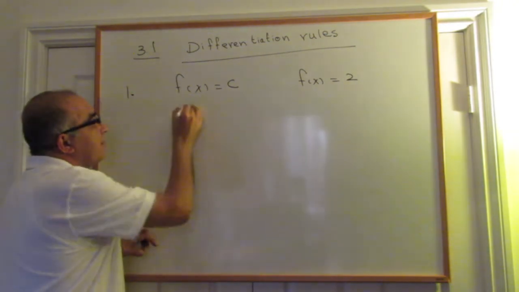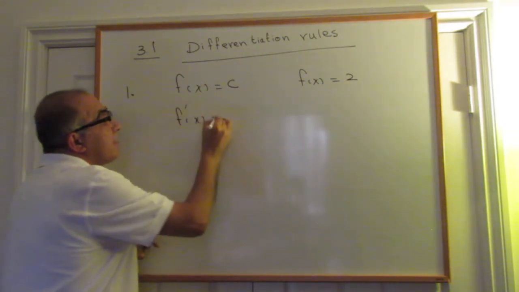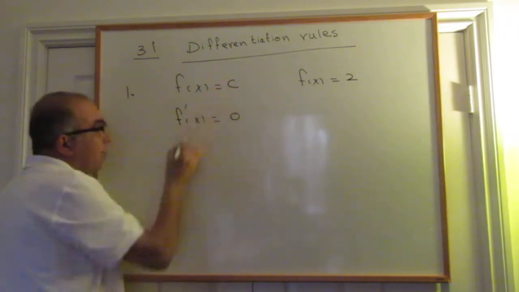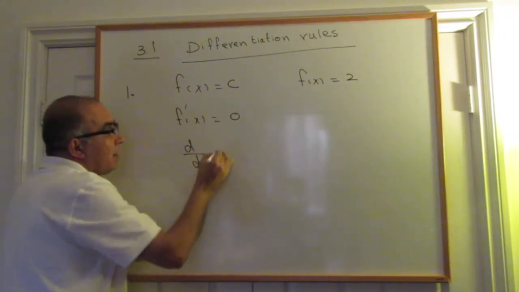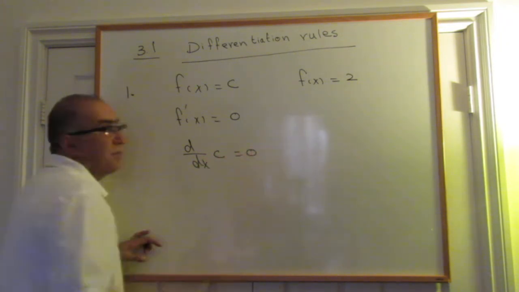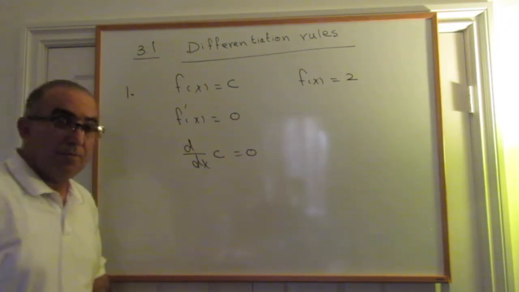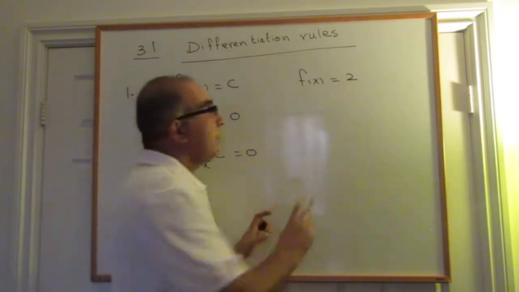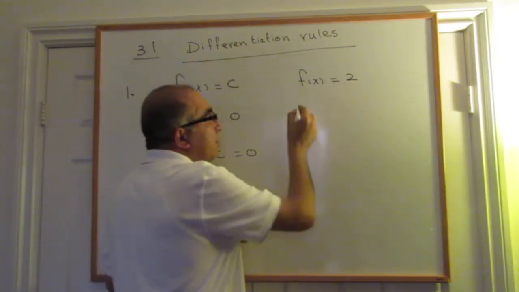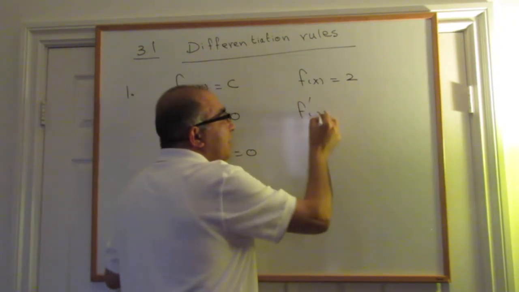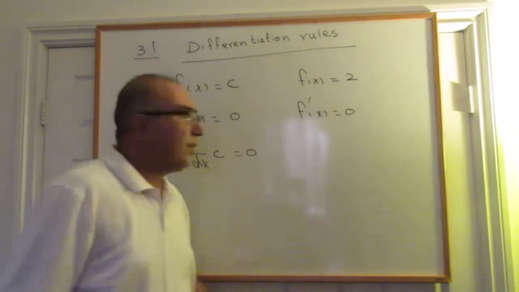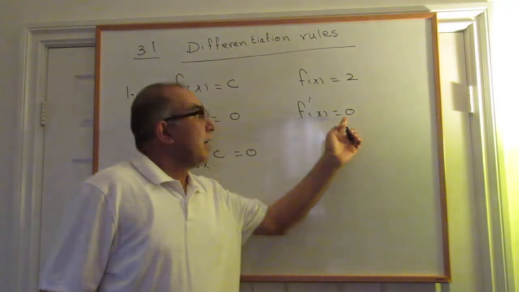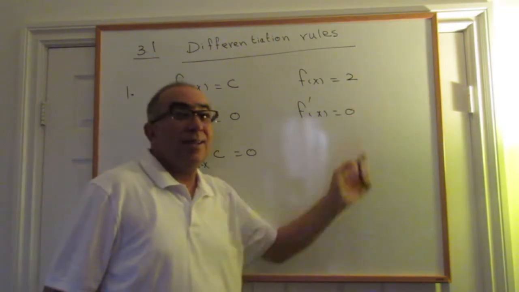Here I can write f prime of x equals 0. Or I can write in this notation, d over dx of c always gives me what? 0. Numeric example, f of x equals 2, then f prime of x equals 0, because 2 is a constant number. Immediately the derivative of a constant number becomes what? 0.